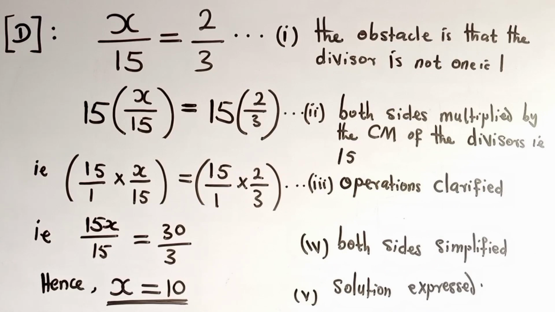To make a divisor become 1 in an equation, multiply both sides by the LCM of the divisors, or multiply both sides by the LCM. In fact, not just the LCM, any CM can serve. Any common multiple of the divisors can serve.